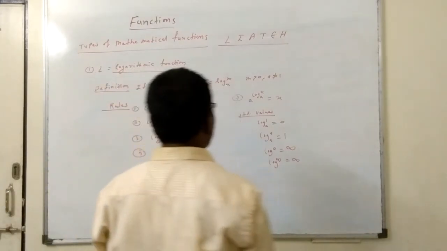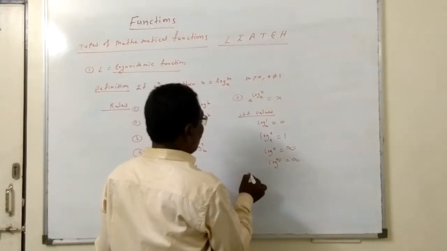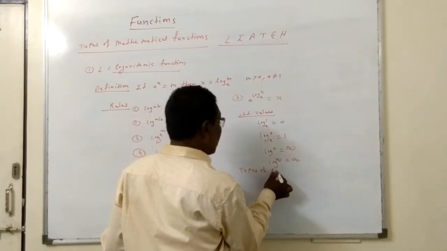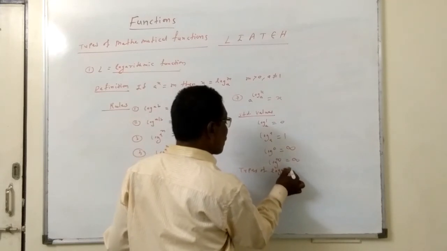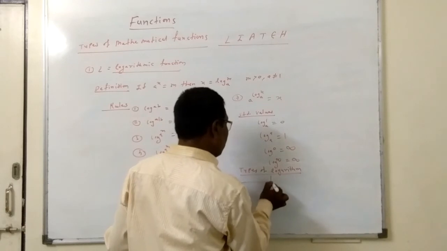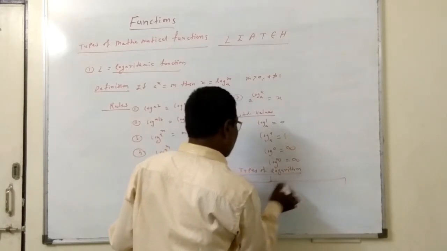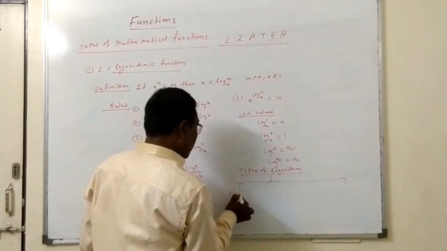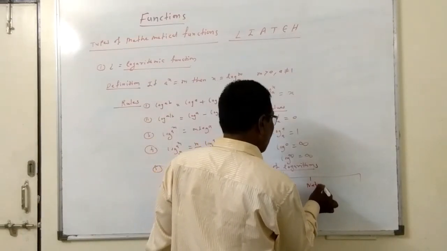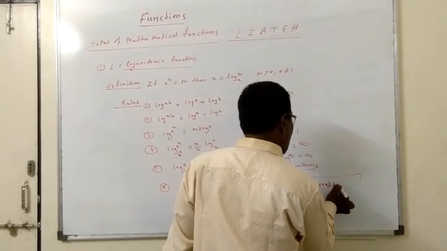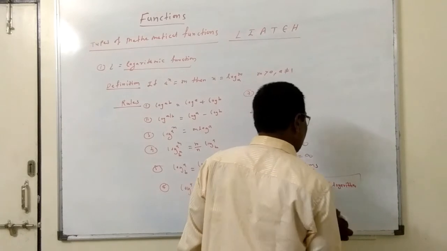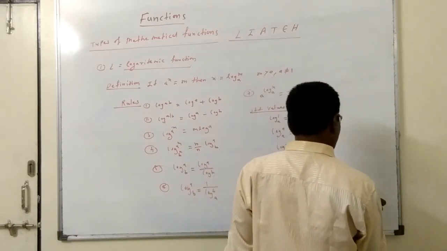Now next, we'll study what the types of logarithm are. That also you must know. In logarithm, we can consider 3 types: the common logarithm, the natural logarithm, and the general logarithm.